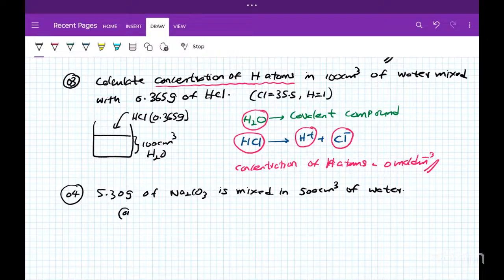Number 1, the first part: what is the concentration of this solution?